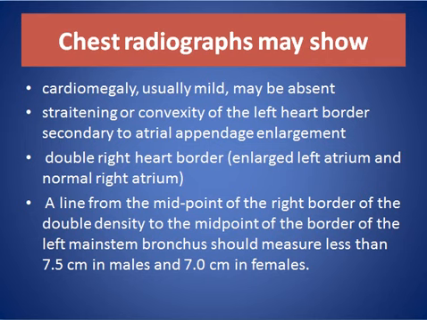A line from the midpoint of the right border of the double density to the midpoint of the border of the left main bronchus should measure less than 7.5 centimeters in males and 7 centimeters in females.